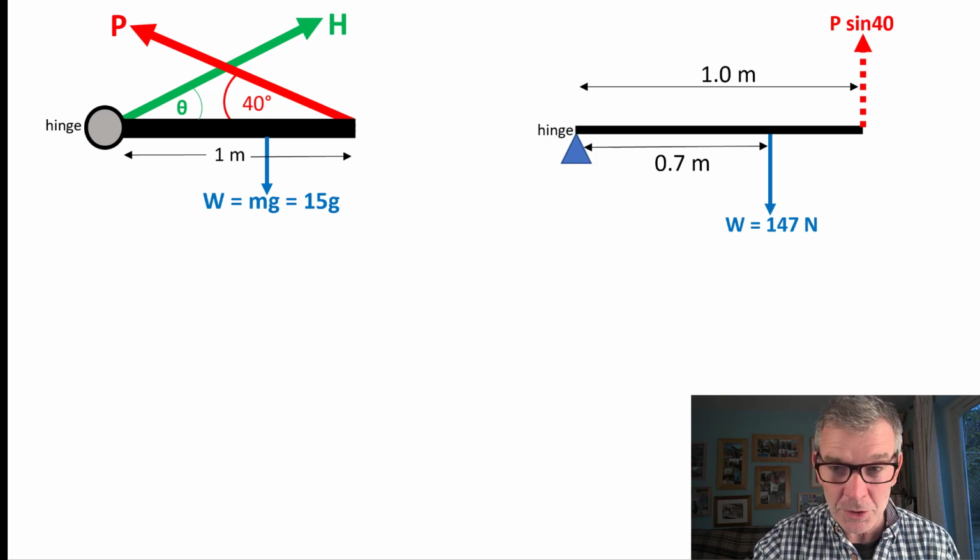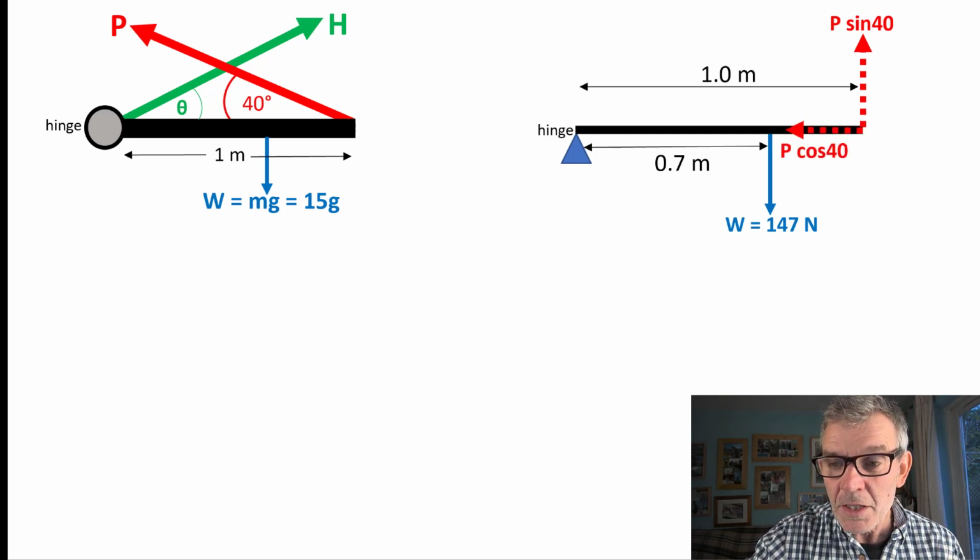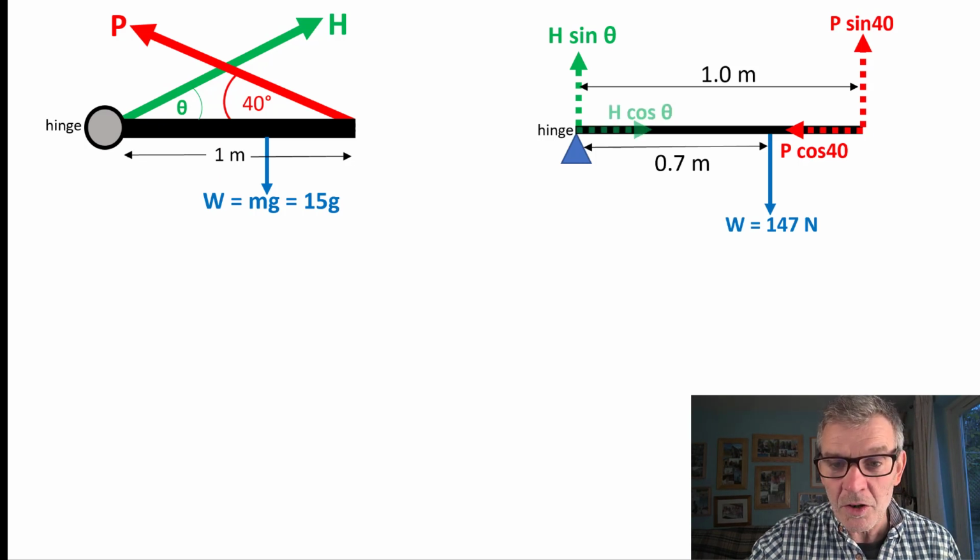So I'm going to assume that you're happy that the vertical component of P is P sine 40. Likewise, the horizontal component of P is P cos 40, and likewise with our hinge we've got H sine theta as the vertical component, and then the horizontal component of our hinge force is H cos theta.